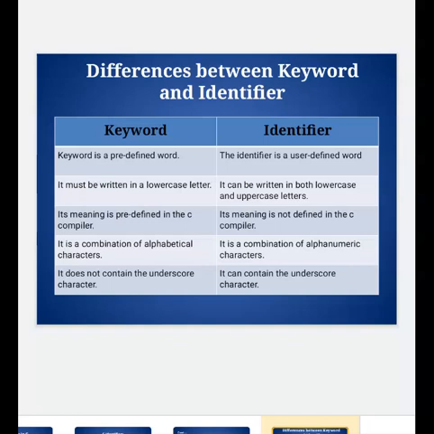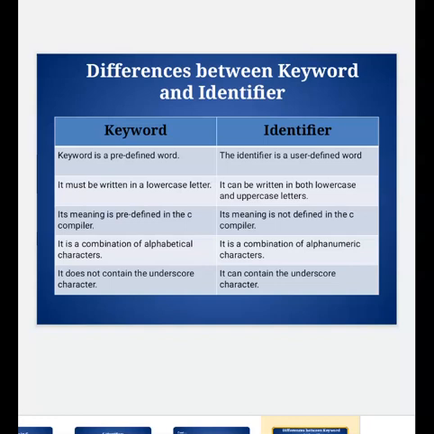A keyword is predefined in the C compiler, whereas the identifier's meaning is not defined in the C compiler. A keyword is a combination of alphabetical characters, whereas an identifier is a combination of alphanumeric characters. A keyword does not contain the underscore character, whereas an identifier can contain the underscore character.